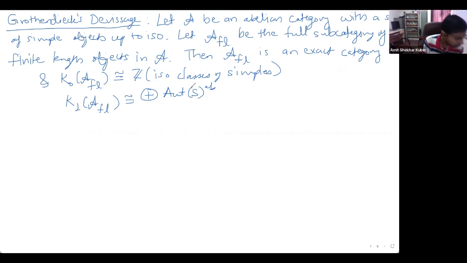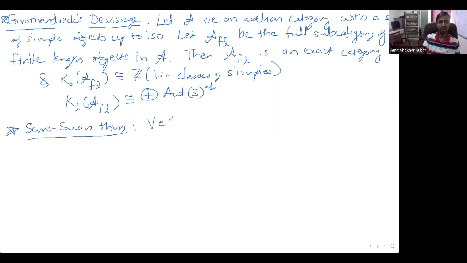Then, well, I have never said this thing explicitly, but perhaps I should say something today. So there is a Swan theorem. It says that the category of vector bundles, and this is a beautiful connection between topological K theory and algebraic K theory.